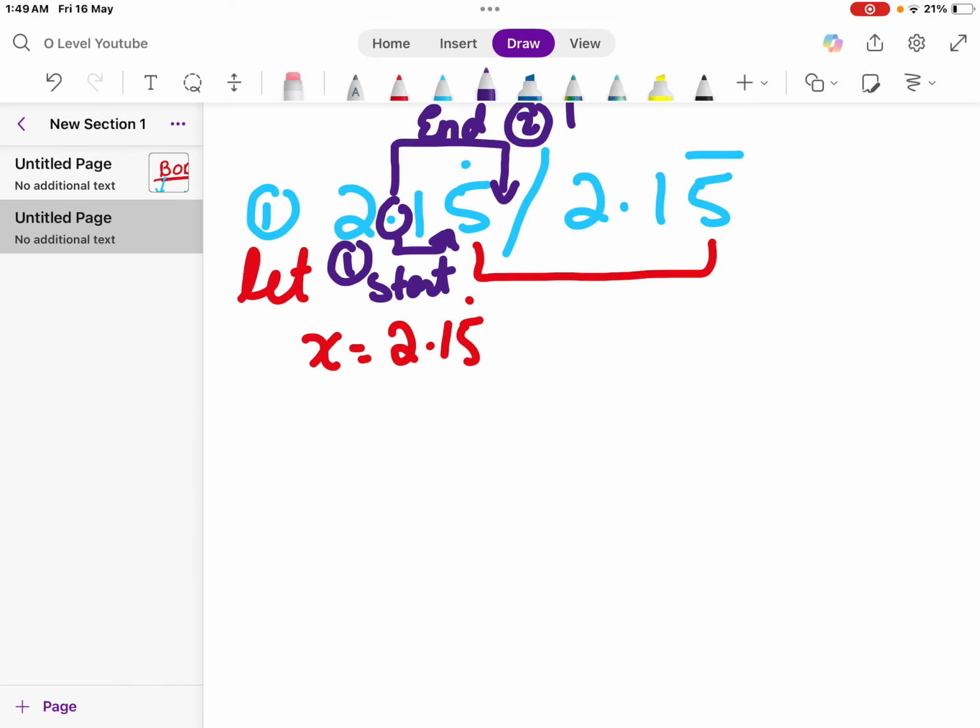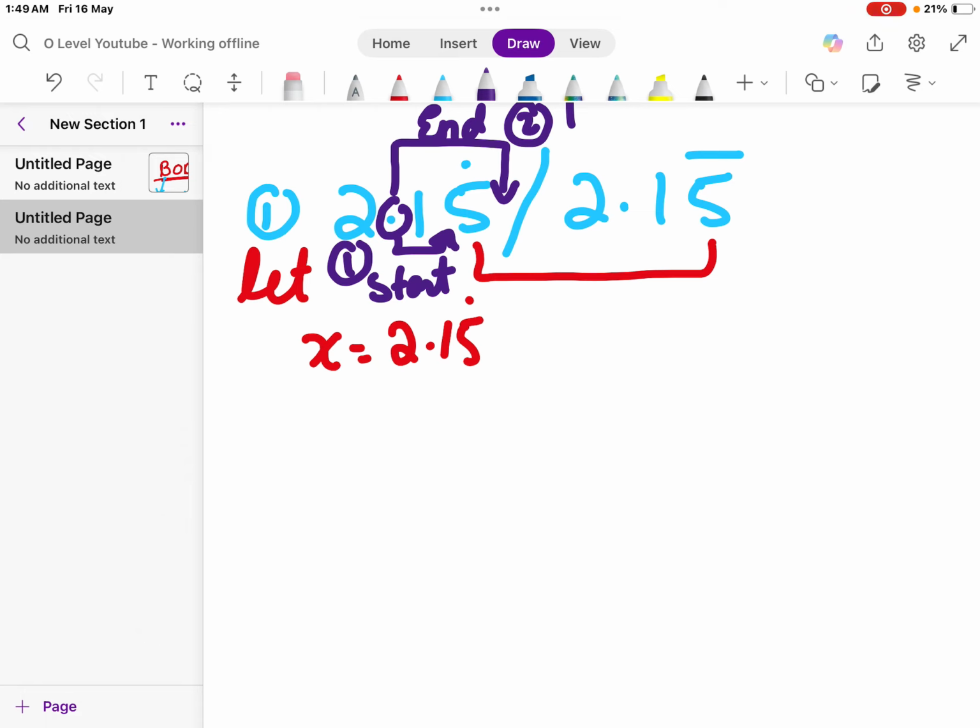Now I am explaining again. First see the decimal number and then see when the recurring number is starting, after how many digits. You can see that after one digit the recurring number is starting, so I write 1. After two digits the recurring number ends. Just remember this.